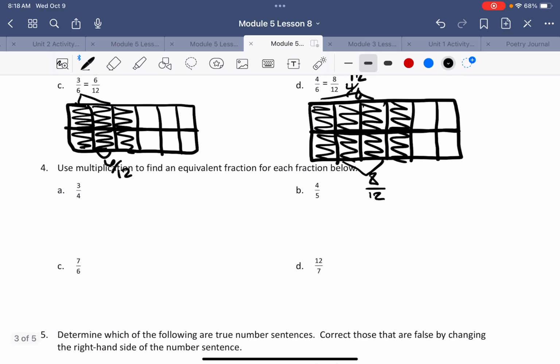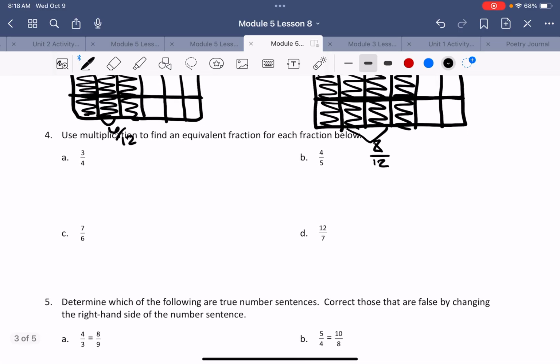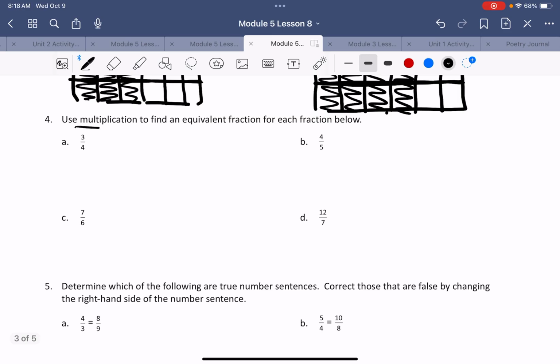All right, let's look down at number 4. Number 4, it says use multiplication to find an equivalent fraction with the fraction below. It does not give us another fraction, so we have to create an equivalent fraction. So if we take 3/4 and times the top and the bottom by the same number, then we can get an equivalent fraction.